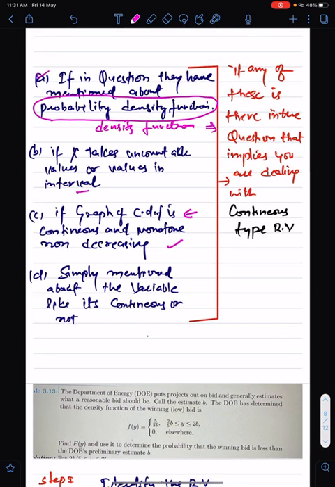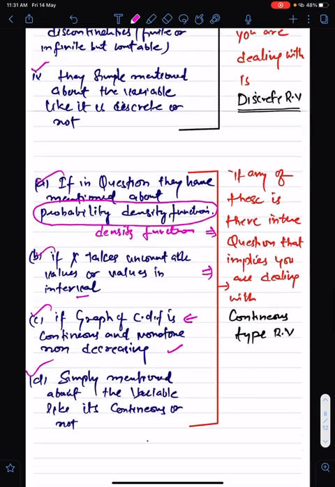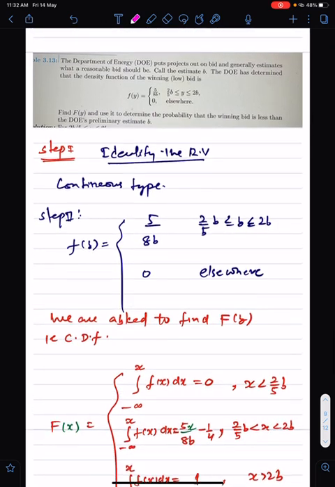So if any one of them is there in the question, you can directly infer that your random variable is a continuous type random variable. This is very important to know in the first place, whether your random variable is discrete type or continuous type. If you get this in the first place, then you can move further to solve a question. So let us see one question.